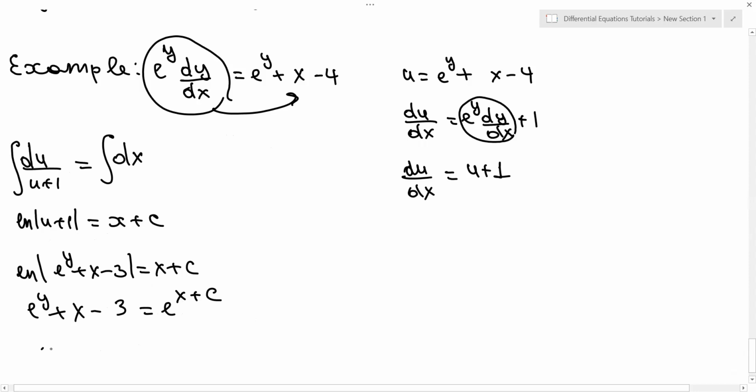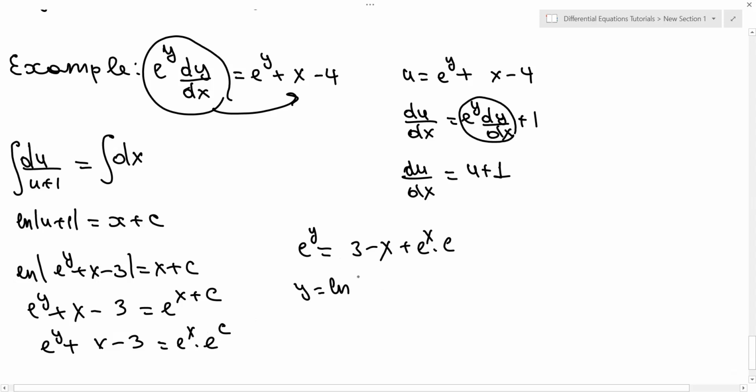Like this, e to the power of y plus x minus 3 is e to the power of x times e to the power of c. And e to the power of y is equal to 3 minus x plus e to the power of x times c. And y is equal to ln of 3 minus x plus c times e to the power of x. So I just write this, so we get this one. Instead of this, we just use this one and we get the answer.